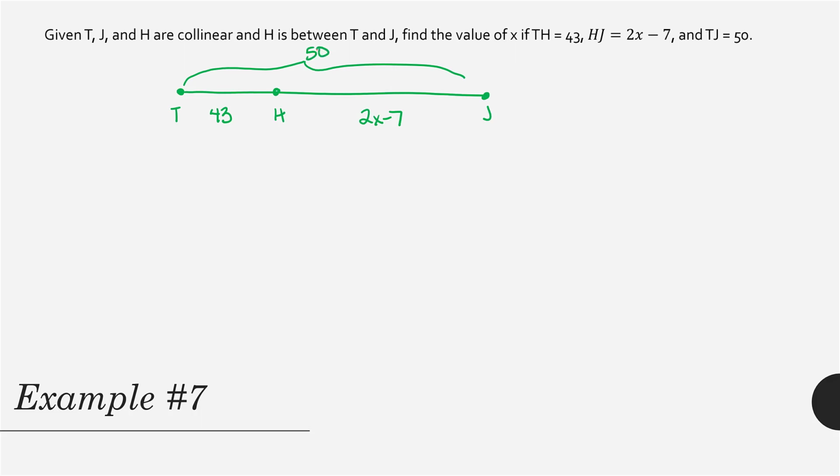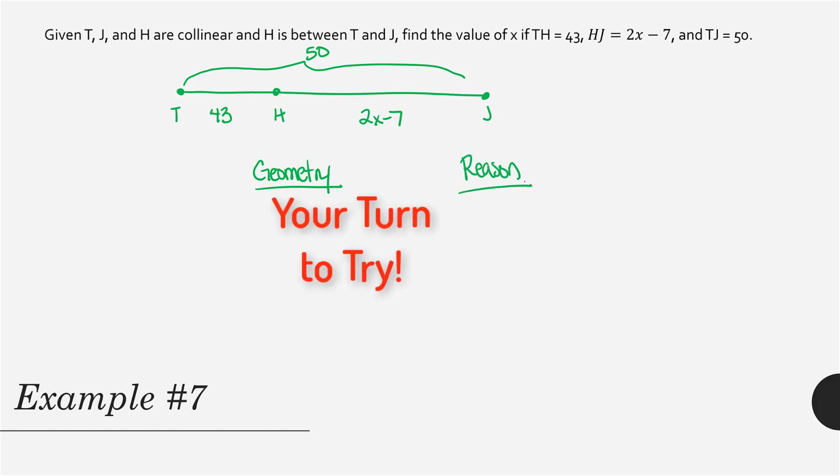Again, I want you to pause this video and I want you to try this entire problem out on your own. So write your geometry and give me a reason for it. Hit pause, try the whole problem solving for x. Go find that value of x.